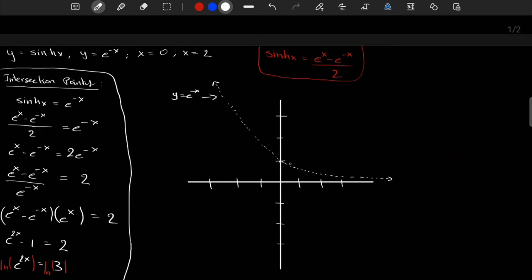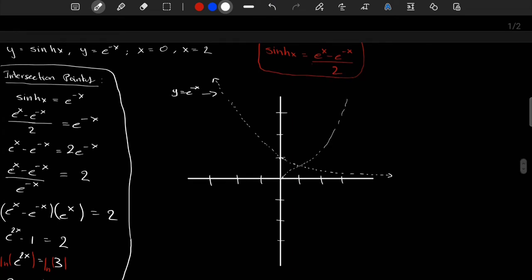And the graph of sinh x, I believe, is like that, and it goes through, I think it's like that. Just to get a rough idea. So we basically are going to be integrating this area right here.